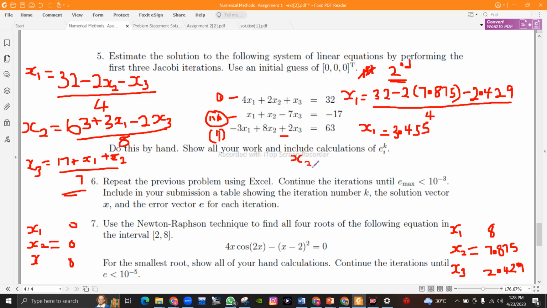We can calculate our x2 too like that. Our x2 will be equals to 63 plus 3 into x1. What's our x1? 8. Minus 2 into x3, minus 2.429. Then divided by 8. If we calculate that, our x2 will be equals to 10.268.